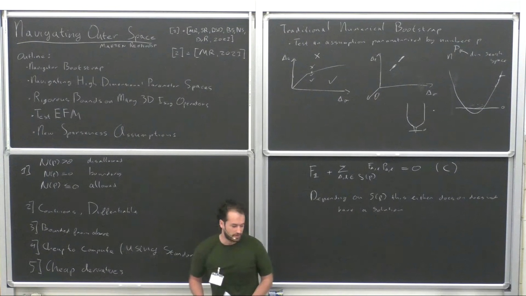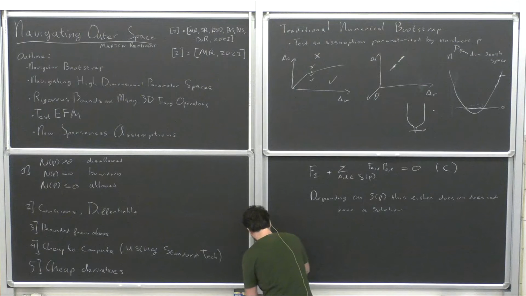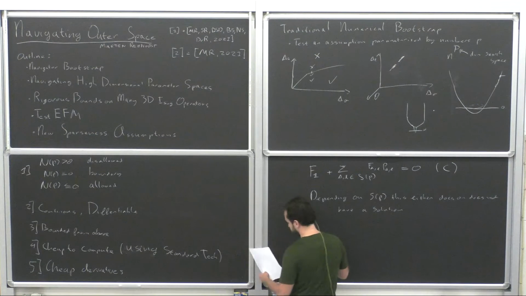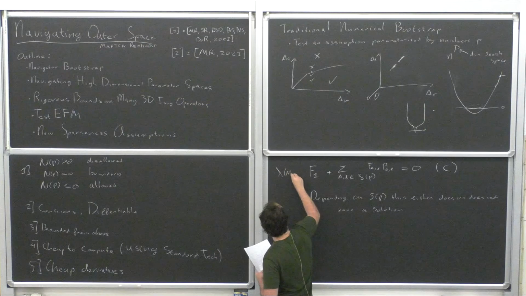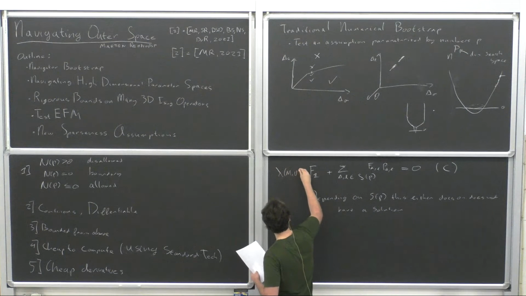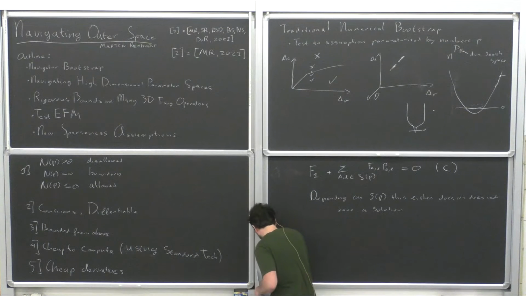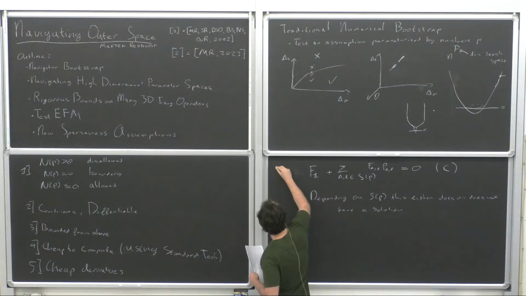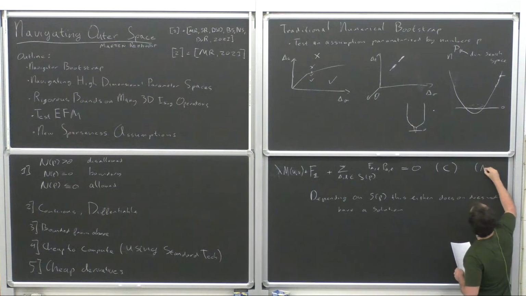Now say we modify this equation, we add an extra term. I call this modified crossing.